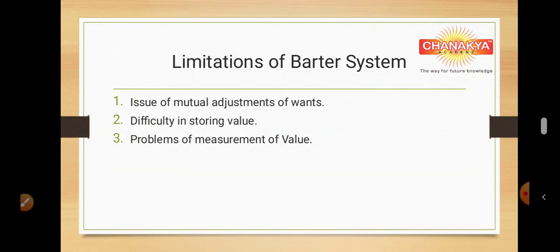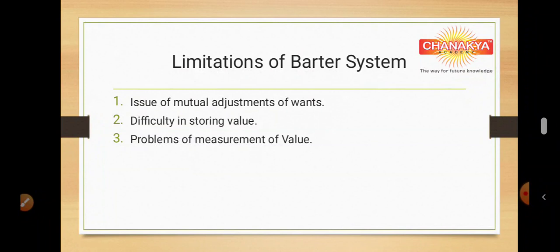But this specialization, requirement of a particular good, urbanization, that is development of cities, and decreased mutual exchanges gave rise to the concept of money.